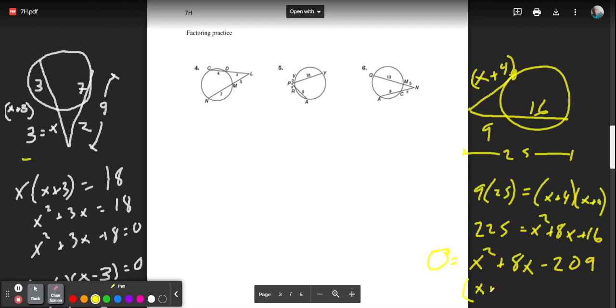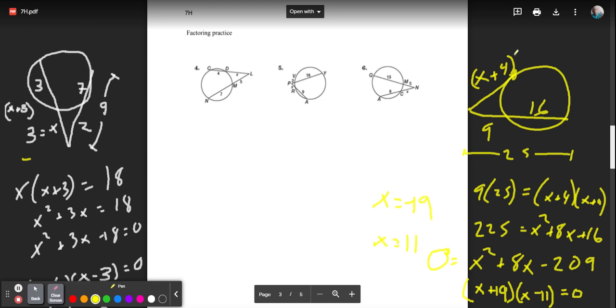So we'll have x plus 19 times x minus 11 equals 0. Again, if you were to do your chart and find all the number pairs that multiply to negative 209, 19 and 11 would work. So our solutions are x equals negative 19 or x equals positive 11.